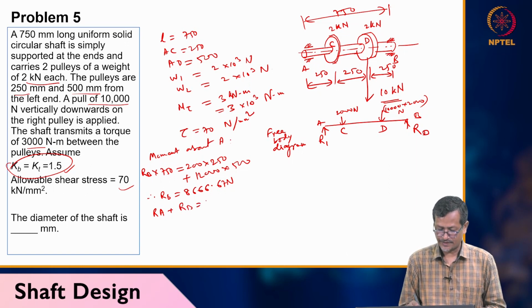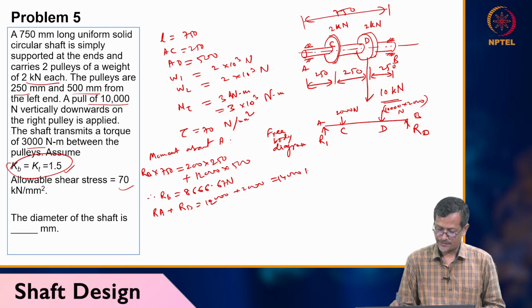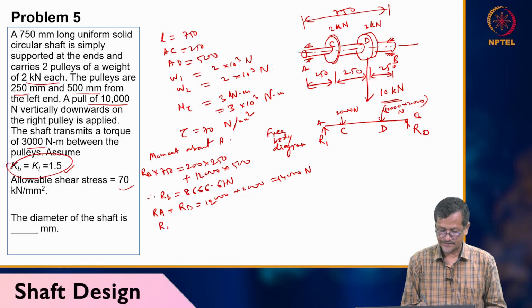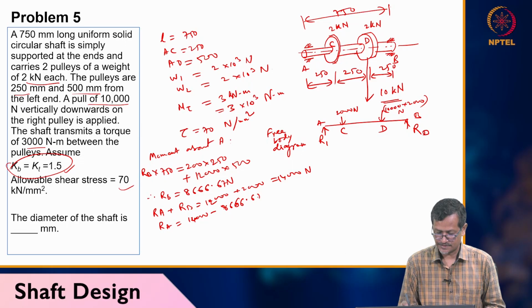Now RA plus RB is the total force they are holding. So 12,000 plus 2,000, so 14,000 Newton force they are holding. So RA is 14,000 minus RB, 8666.67, equals 5333.3 Newton.